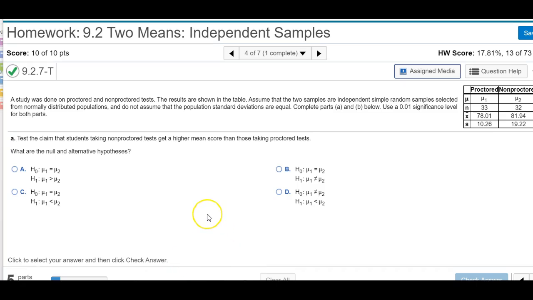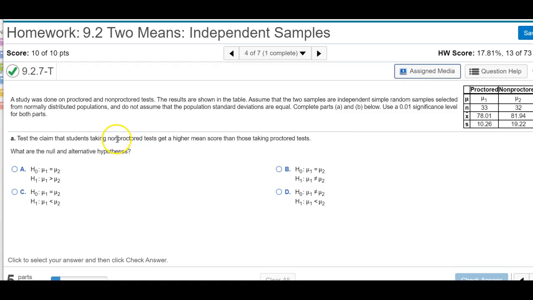Looking at proctored and non-proctored exams, we want a 0.01 significance level, so be careful. 0.05 would correspond to a 90% confidence interval, while 0.01 corresponds to a 98% confidence interval. That changes the T critical value you calculate, so using the technology, make sure you plug it in correctly.